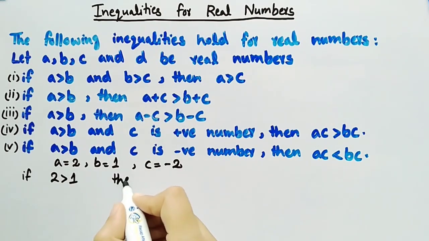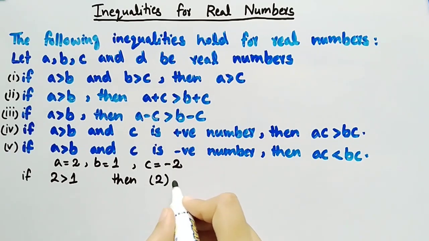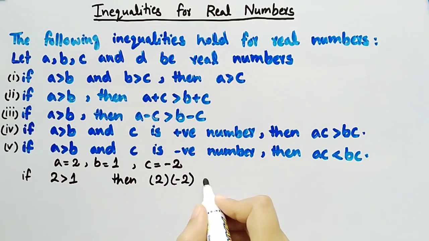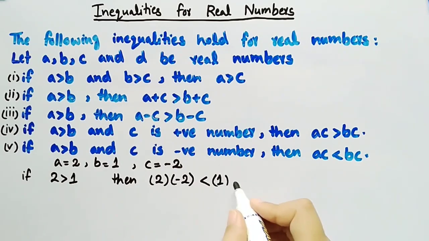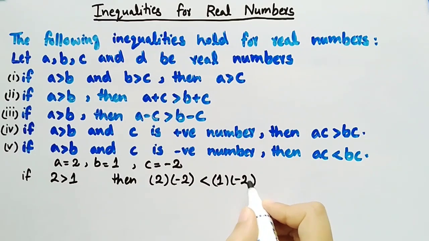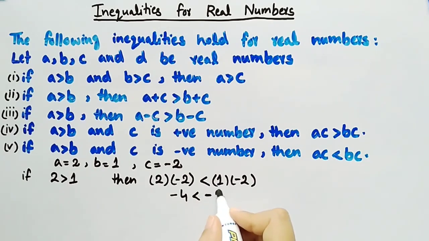Then AC, that is 2 times minus 2, is less than BC, that is 1 times minus 2. 2 times minus 2 is equal to minus 4, which is less than 1 times minus 2, that is minus 2. From mathematics, we know that minus 4 is less than minus 2.